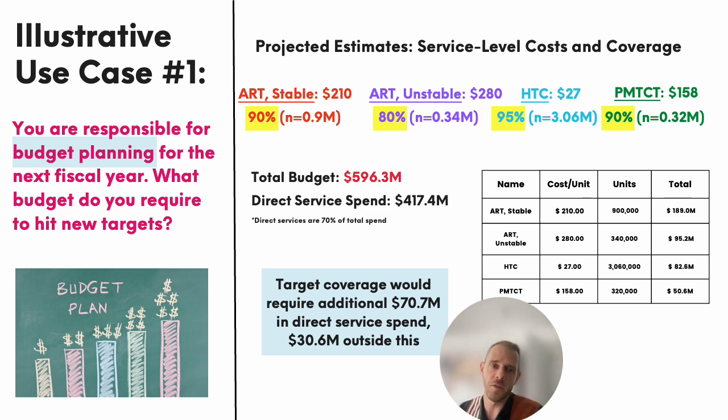So the target coverage levels also mean that we will inflate our number of units, our quantities. For example, on the previous slide, coverage for stable ART was 80% and reached 800,000 people. In the new scenario, we're trying to reach 90% or 900,000 people.